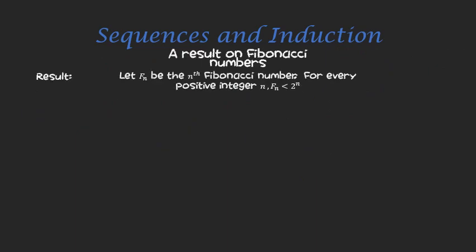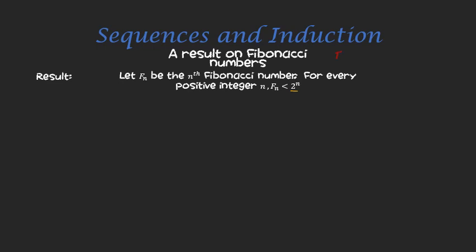So comparing the growth rate of the Fibonacci numbers to another one. So in this one, we're saying f_n, the nth Fibonacci number, is less than 2 to the n. So saying that it's always less than that sequence. It's always going to be smaller than 2 to the n. And this is true for every positive integer n. Remember the result from the previous one.